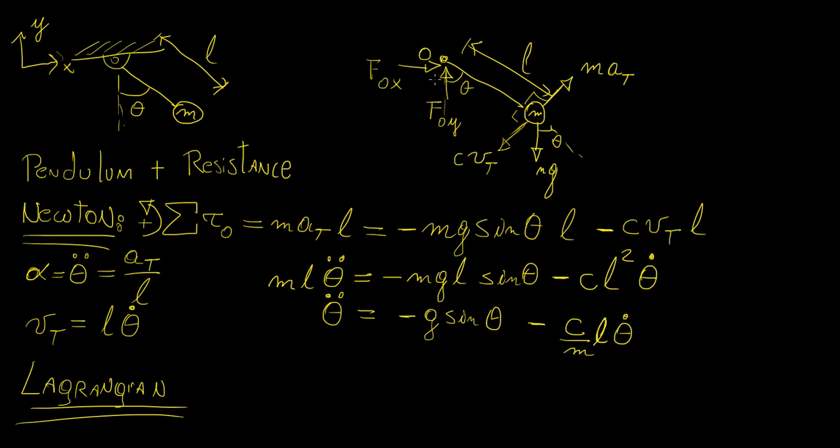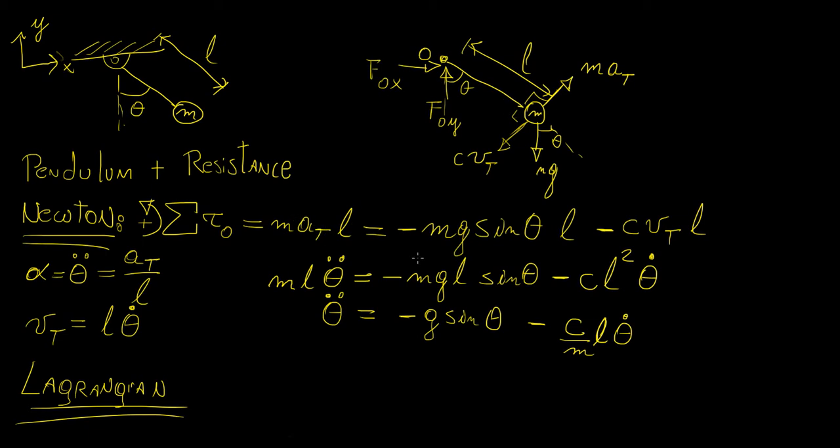rest. Now, if we draw the Newtonian picture, what we do is we have the free body diagram, and these are all the forces acting on the system. So what we can do is take the sum of the torques about the point of rotation O, and then, if we assume this is the positive orientation, our acceleration is going to be in terms of the tangential acceleration here.